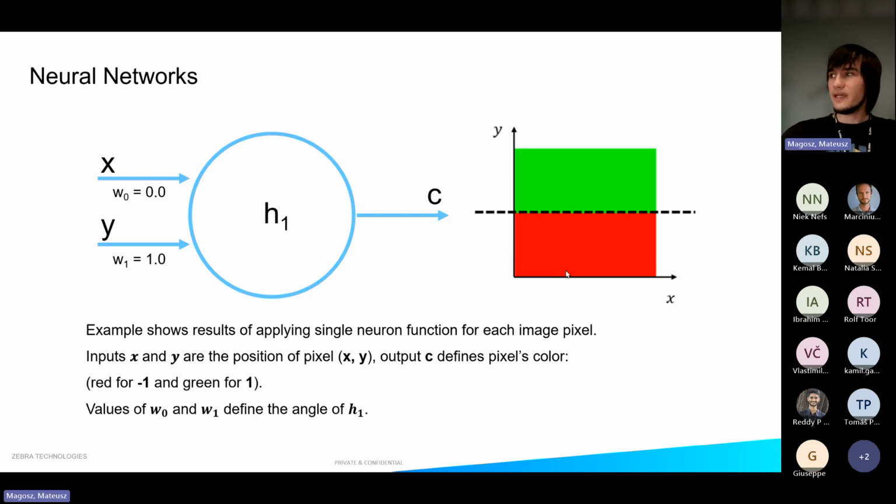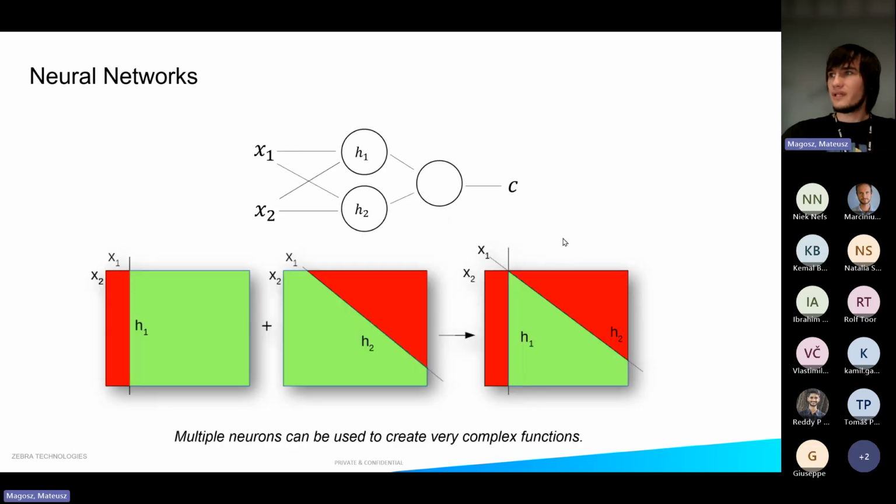So the x doesn't really matter in that case, and only the y coordinate is used to draw this line, telling the difference between correct and not correct images, or one feature and another. But having different weights, different connections, can help with dividing our data set differently and in more complicated ways.